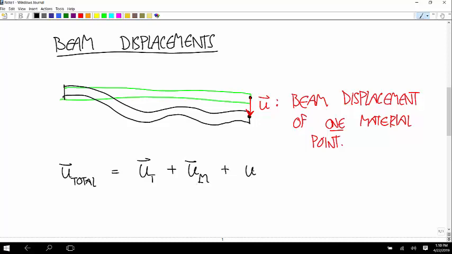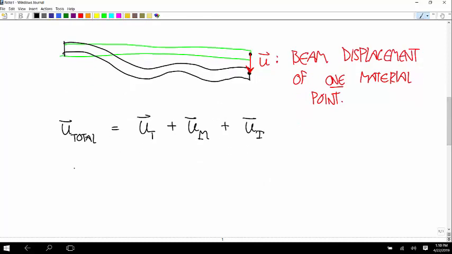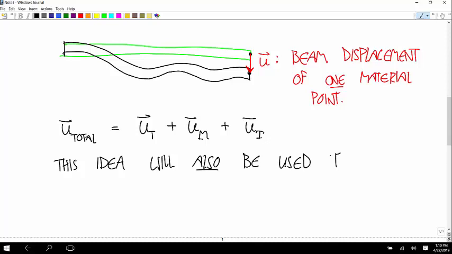Plus the beam displacement due to the torque. And this idea will also be used to solve statically indeterminate structures.